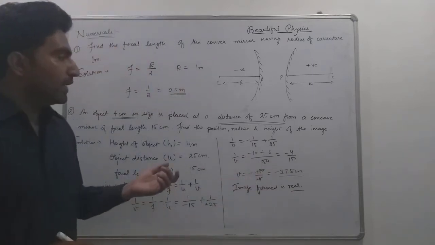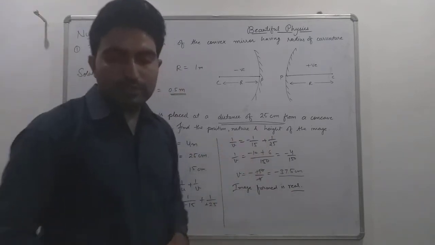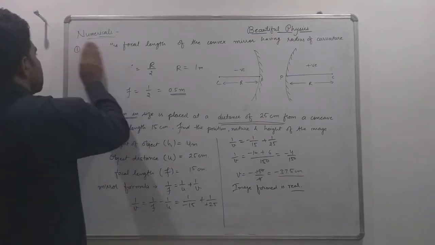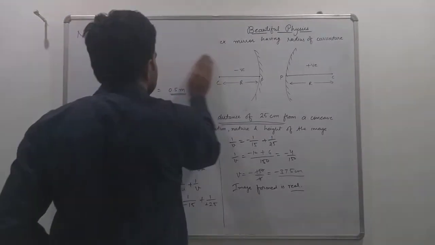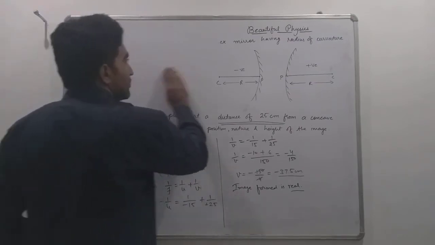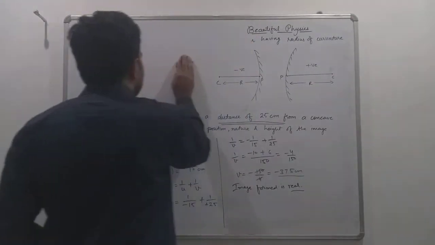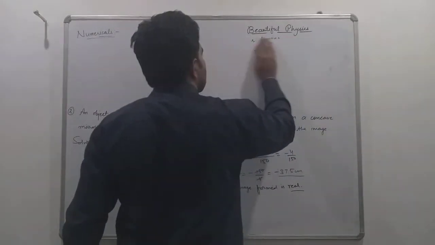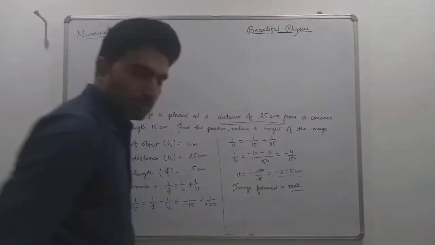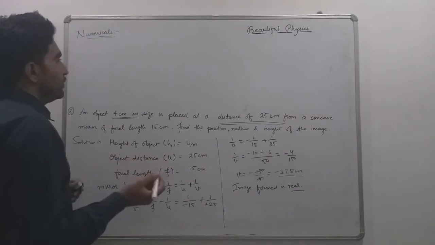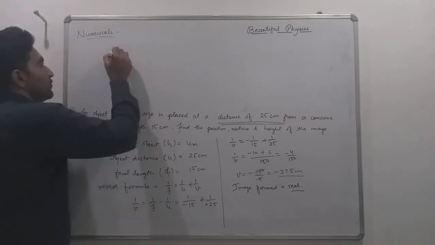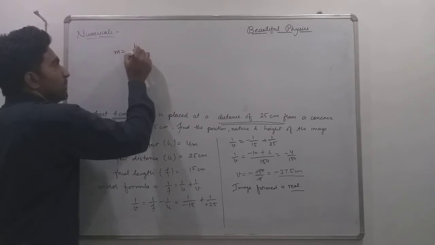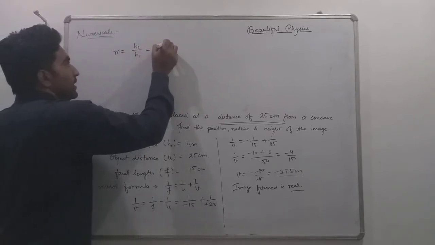Now we have to find the height of the image. For finding the height of the image, we have to use the formula for the magnification m. m equals h2 by h1 equals minus v by u.